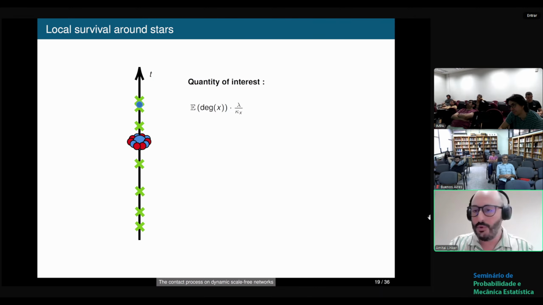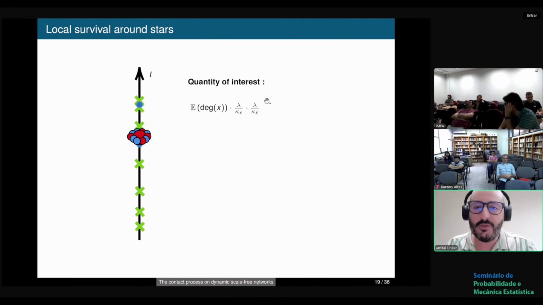Now you reach the recovery event and the central vertex is healthy. It needs to be reinfected before reaching the second updating event. So what it needs is for any of its neighbors to infect it back. Remember, this was the number of vertices that are infected.